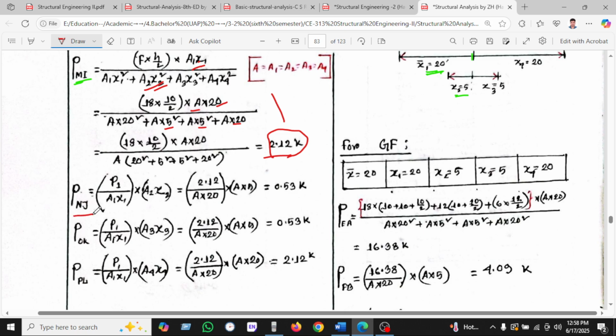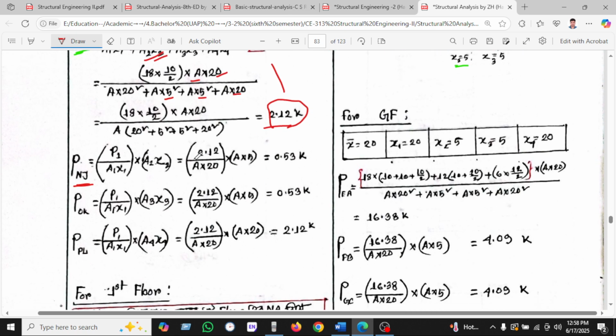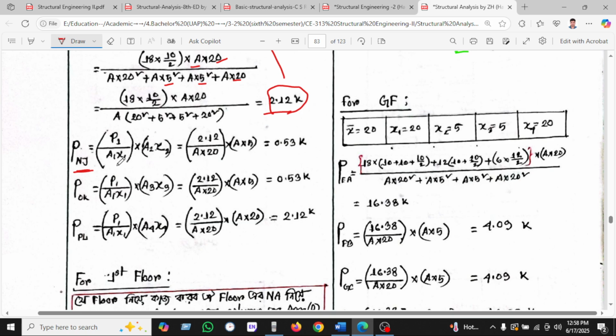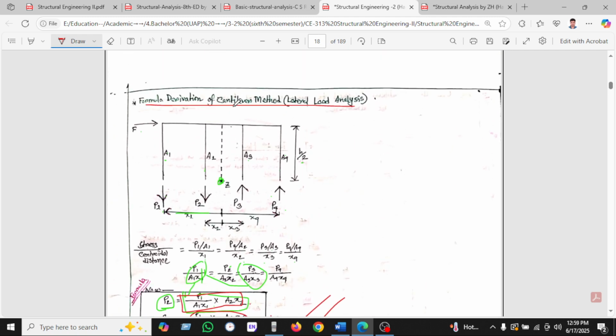Similarly we can calculate PNG, this column. We can calculate P1 divided by A1 X1 plus A2 X2. These are taken from this formula, as we have seen in the derivation.